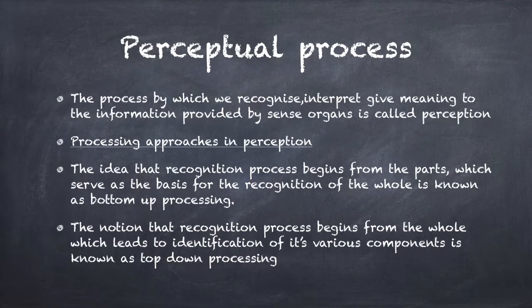What is the process that we use? First, we recognize a dog because it has four legs, a furry body, two eyes, or we first notice that this is a dog, so a dog will definitely have four legs, a furry body, two eyes. In which way do we recognize a particular object?